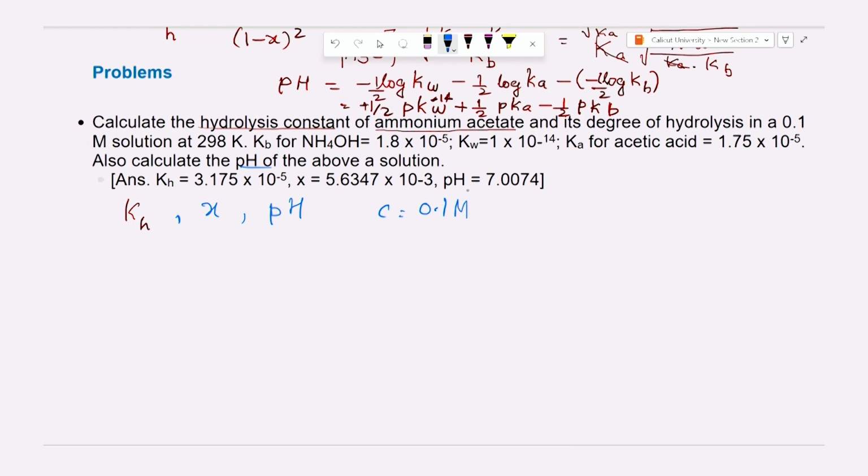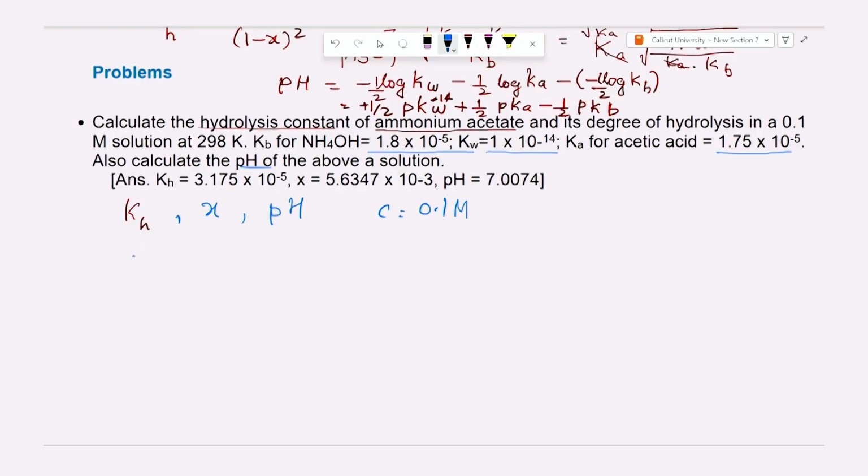then Kb is given as 1.8 into 10 to the power minus 5, Kw is given as 1 into 10 to the power minus 14, and Ka for acetic acid is given as 1.75 into 10 to the power minus 5. So, since they have given all these values, Kw, Ka and Kb, you can find out the hydrolysis constant Kh is equal to, the expression goes like Kw divided by Ka into Kb.